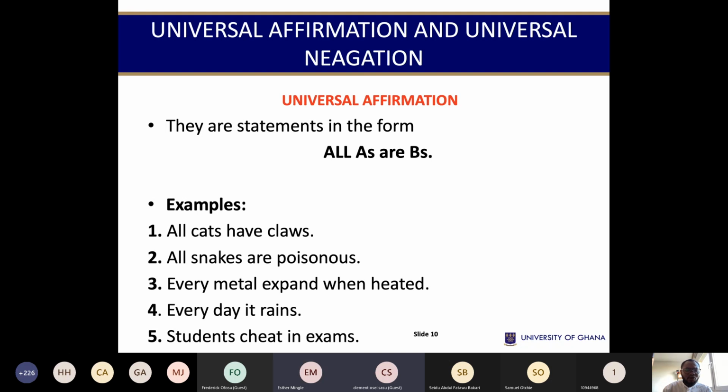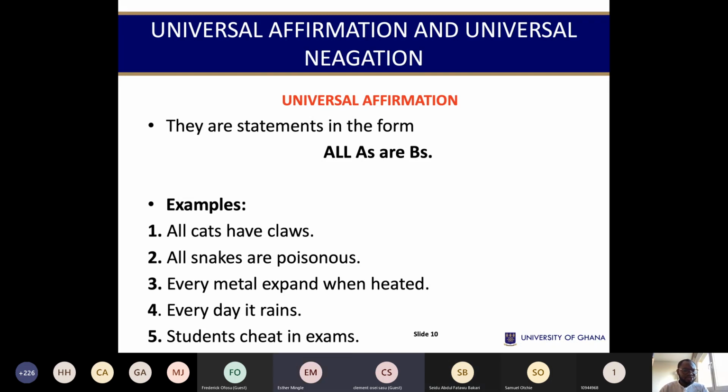The second example, all snakes are poisonous. If you say that all snakes are poisonous, you mean wherever you go or anytime you see a snake, it doesn't matter the type of snake that you've seen, that snake must be poisonous. That is universal affirmation. The same way, you can say every day it rains.